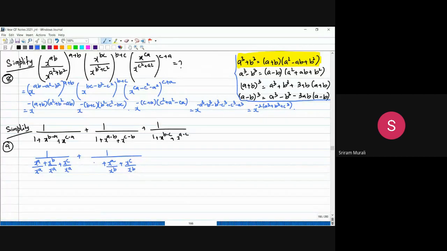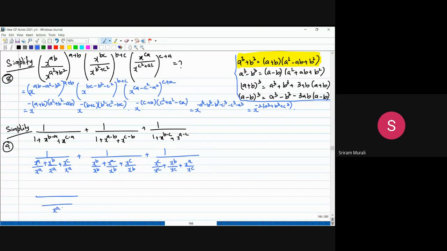What should I write here? If I want to get x power b in the denominator, because x power b is the common LCM to take, I should have this first term as x power b by x power b. In the same way, this is x power b by x power c, x power a by x power c. What should be this term? X power c by x power c in order to make the same LCM. So what is the LCM here?